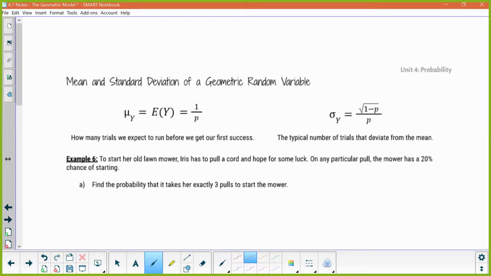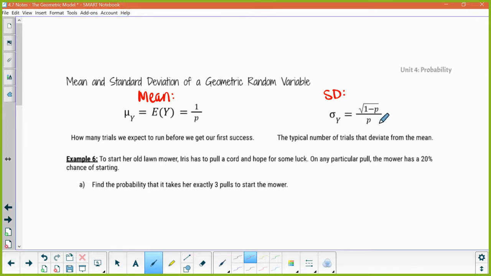We have first a quick discussion of mean and standard deviation. For geometrics, they are a little bit different. For the mean, you're doing 1 over the probability of success. For standard deviation, it's going to be the square root of 1 minus p over p.